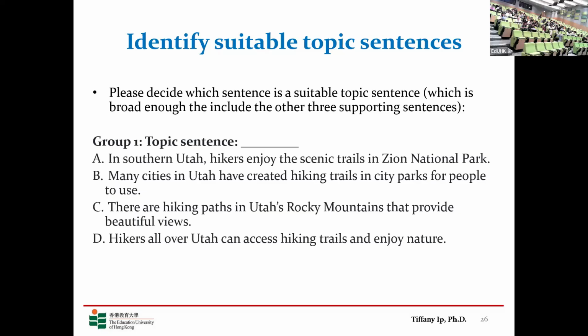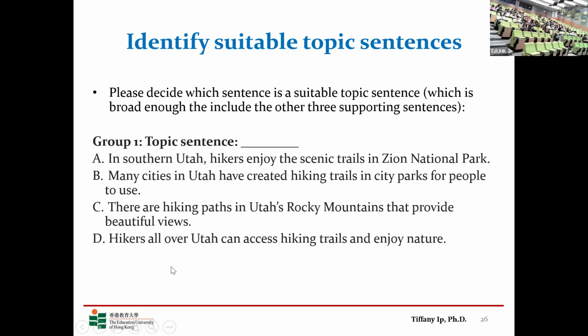Okay, so have you finished the 5 groups? That's good. And let's check the answers. For group 1, well, what is your answer? D. Okay, yes. Most of you actually got it as D. Well, some of you may think B is the answer. Well, actually, B is part of D. Yeah, so you can see that B mentions hiking trails, right?